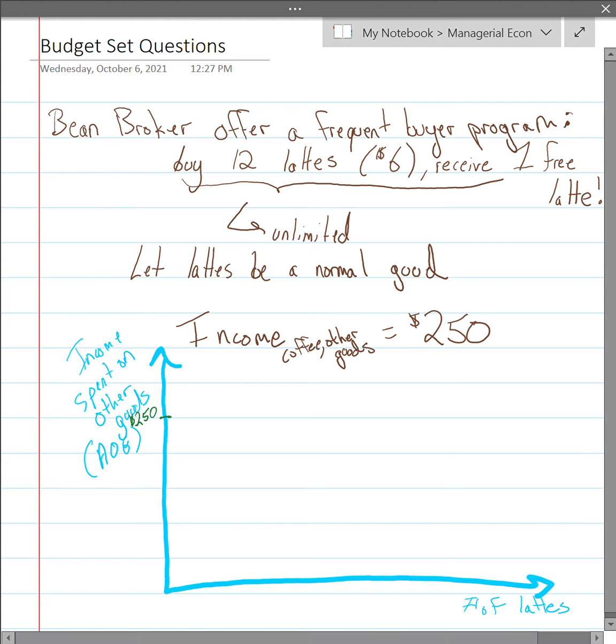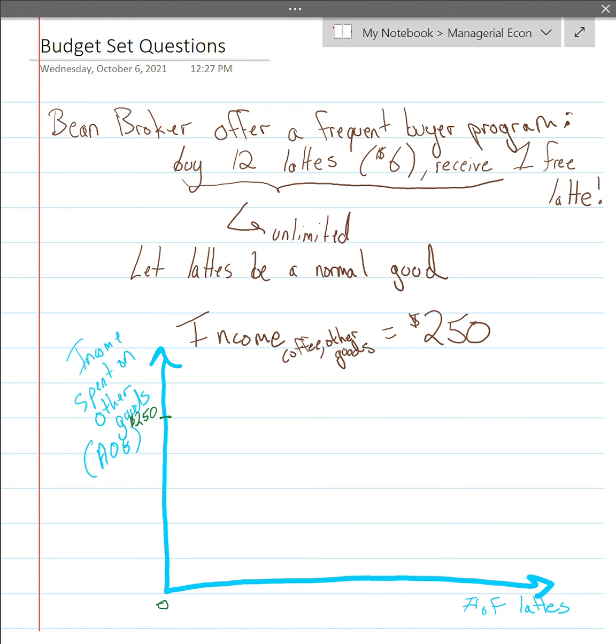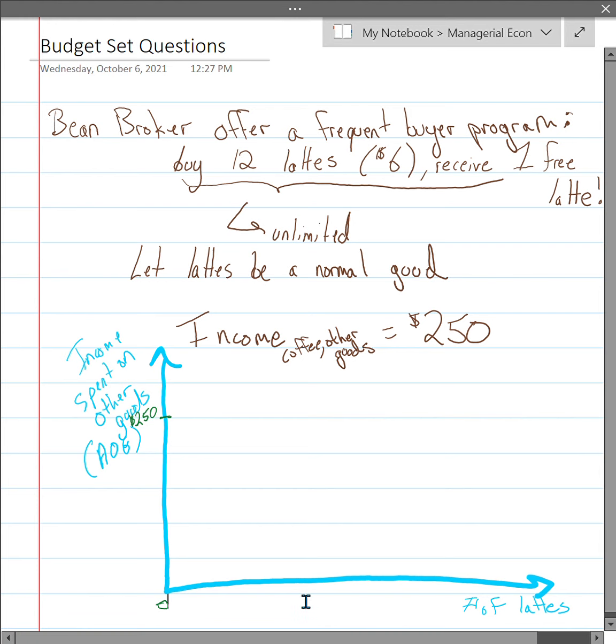If we decided to spend zero amount of money on lattes, we could spend $250 on other goods. Now, if we decided that we just wanted to buy lattes, well, we would need to figure out what is 250 divided by 6.